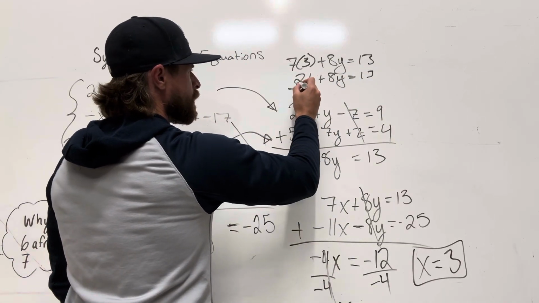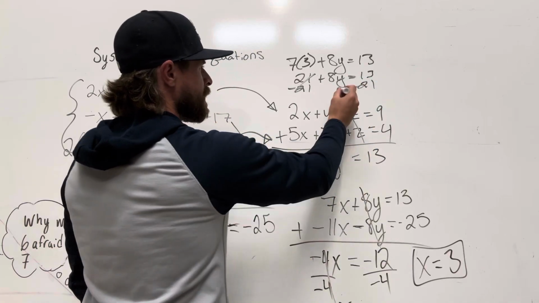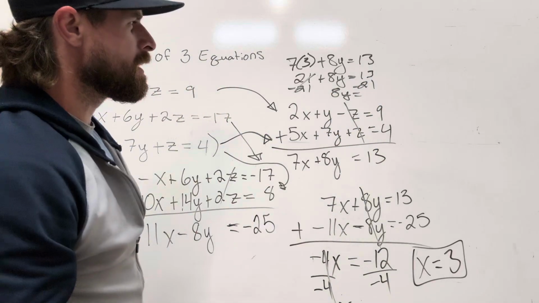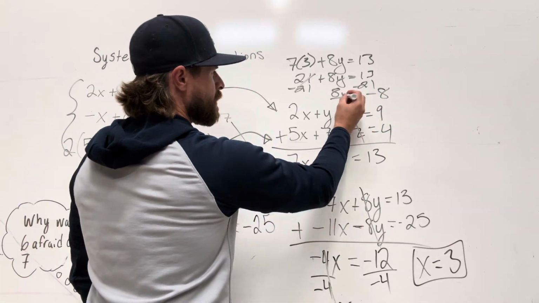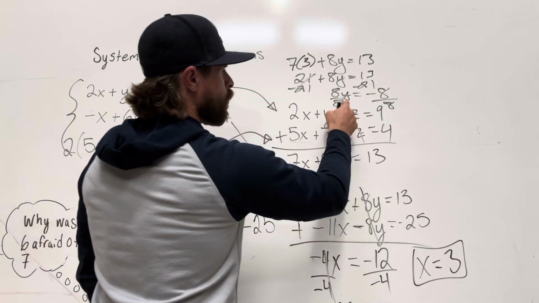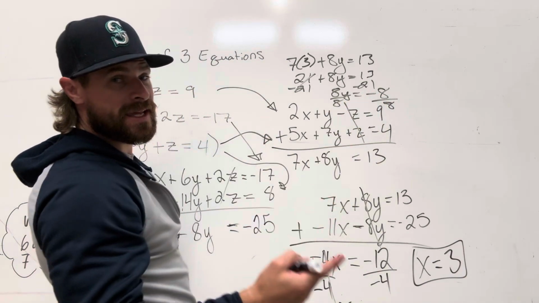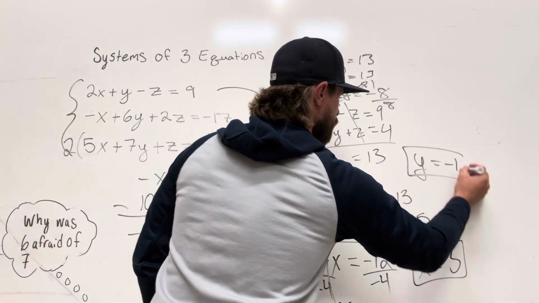We're going to take away 21, take away 21. Now we got 8y equals 13 minus 21. Well, that's going to take you to negative 8. And now you just divide by 8, divide by 8. Y would be equal to a negative 8 divided by a positive 8, which is going to be negative 1. So now we know y is equal to negative 1.